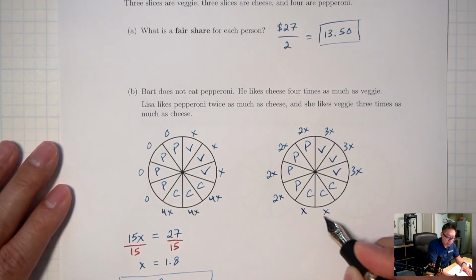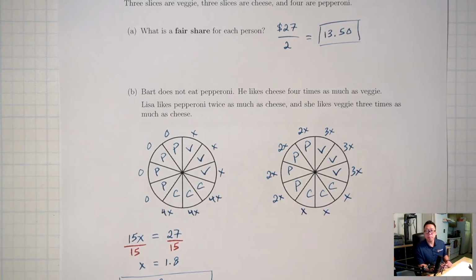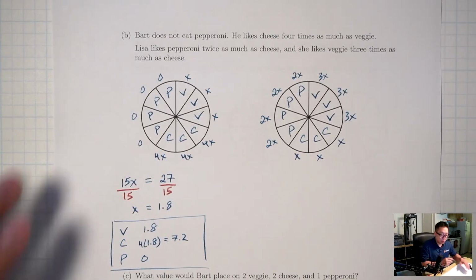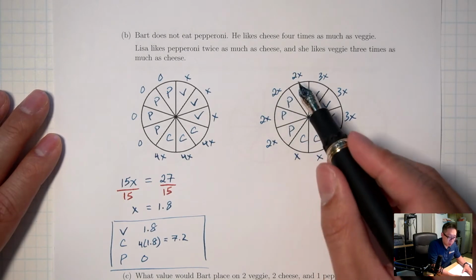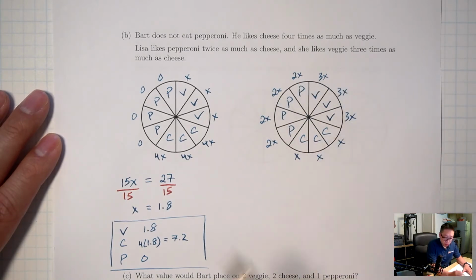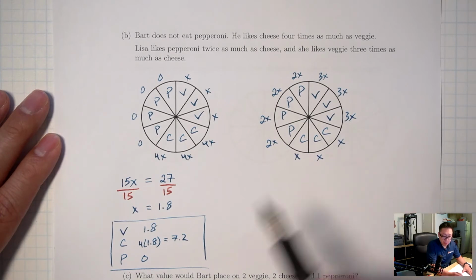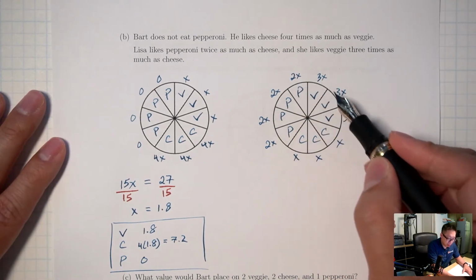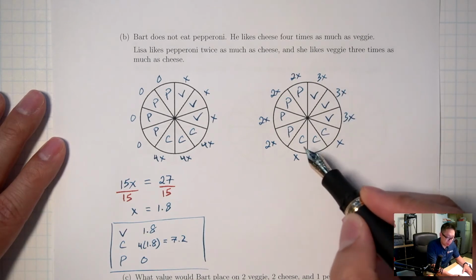These will be regular x's. Add up the x's around this pizza. So this will be 2 plus 2 plus 2 plus 2 plus 3 plus 3 plus 3 plus 1 plus 1 plus 1. Right, so if there's no number in front of the x, it's 1x.